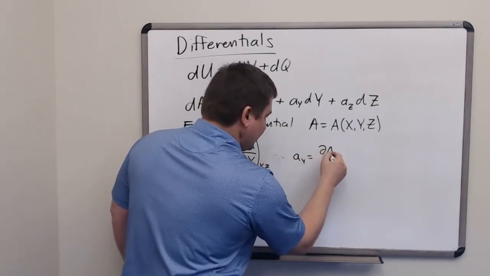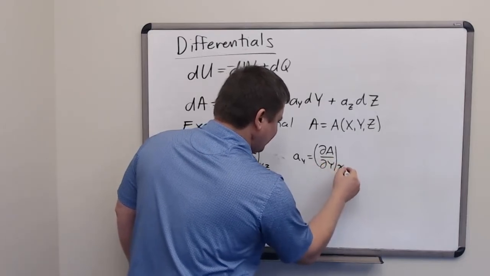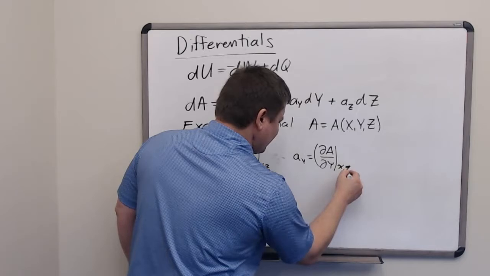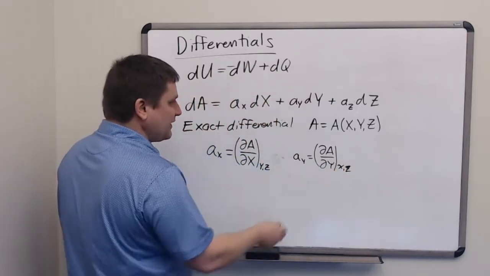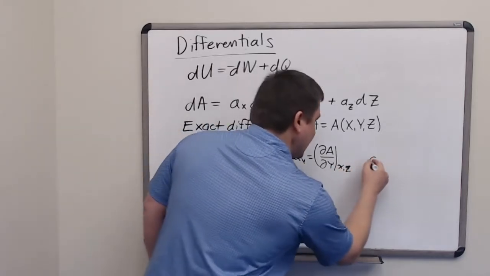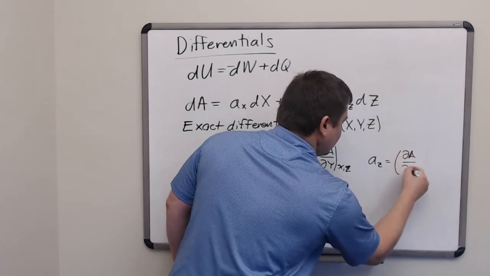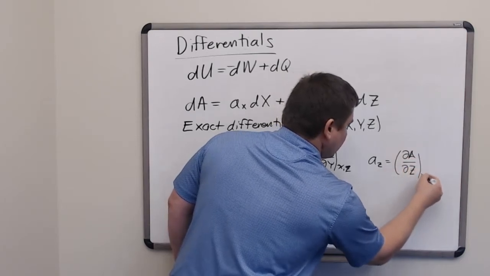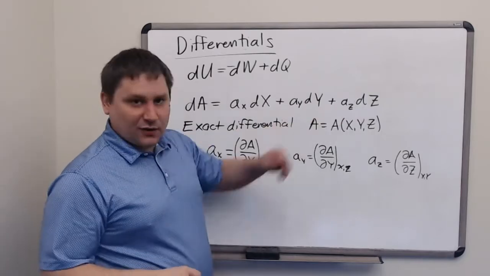The partial derivative with respect to y expressed in terms of x, y, and z gives us this coefficient here, and the partial derivative with respect to z with x and y held constant gives us this coefficient here.